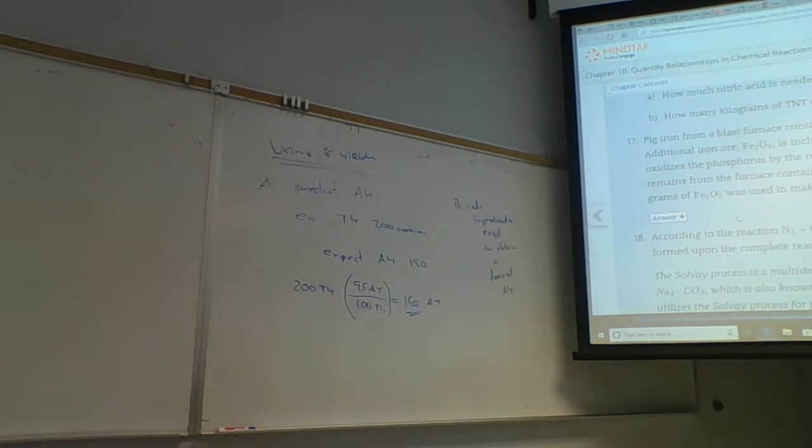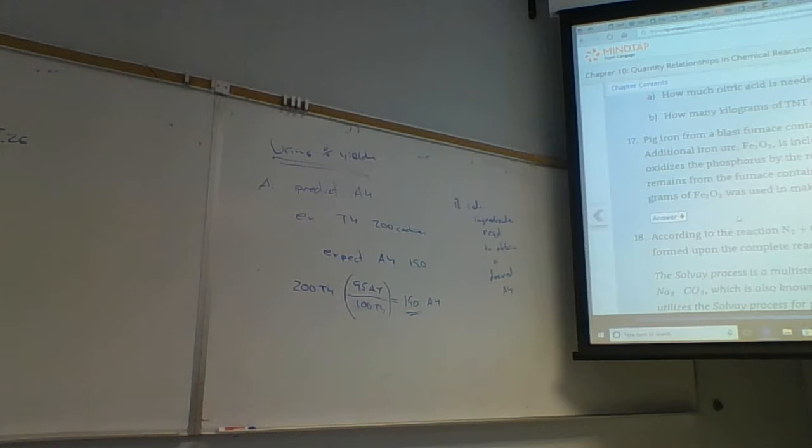So what does that come out to? Well, I want 100 times 100 divided by 95. 105.26. So I better plan on making 105.26 in order to get 100.